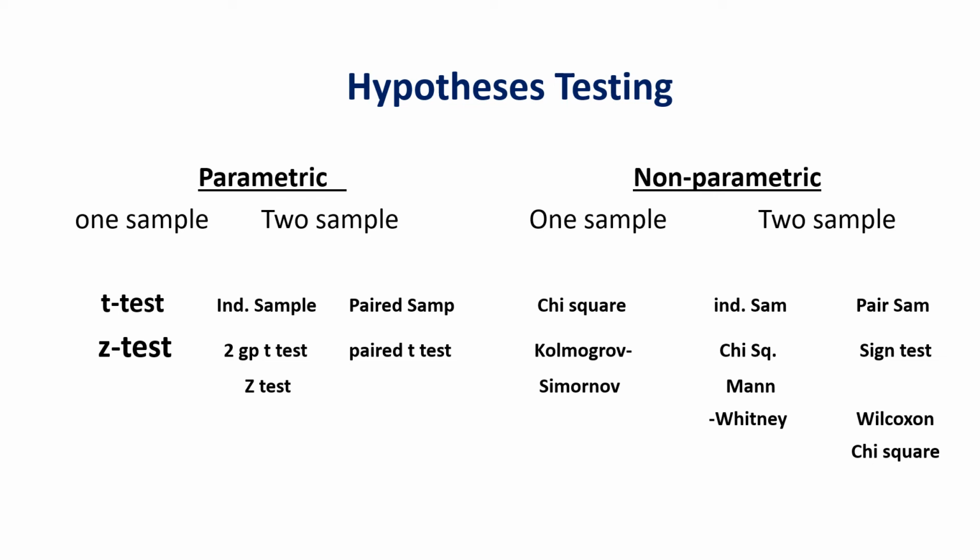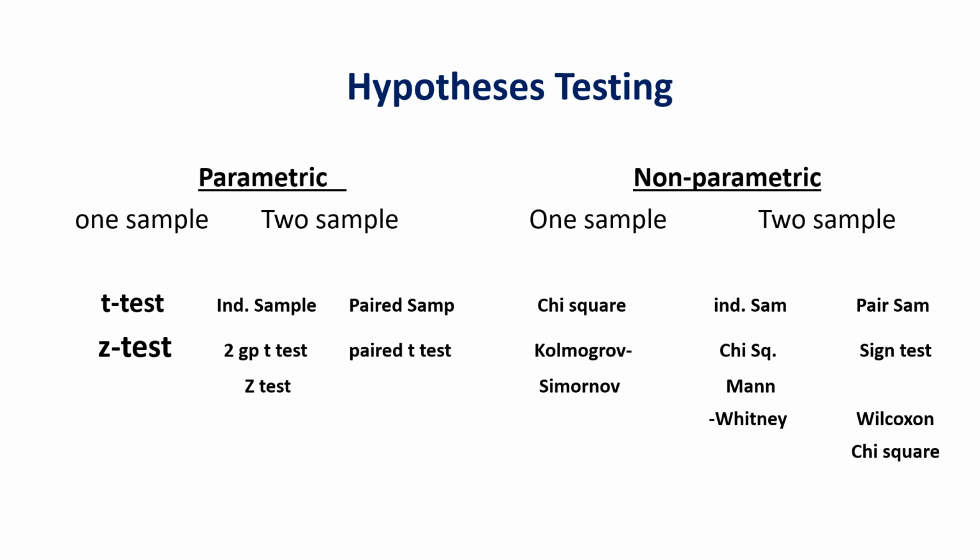When we use parametric test, one sample is a condition and sometimes we have two different independent samples. With one sample in parametric testing, we have t-test and z-test. With two samples, we have independent sample and paired sample, and the methods are two-group t-test or paired t-test and z-test.